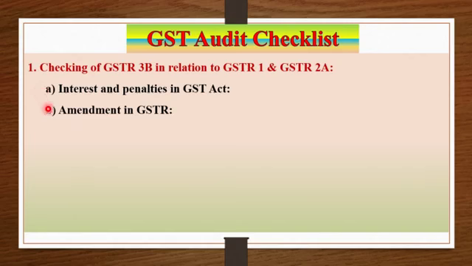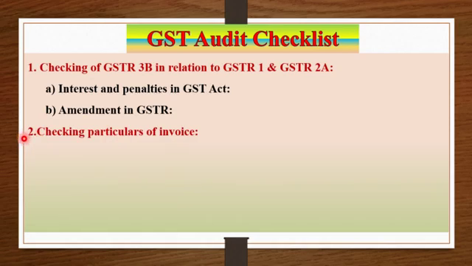Second point is amendment in GSTR. When the auditor comes to know about the data gaps, he would recommend the management to amend the invoices at summary levels in GSTR 1. Now, the second checklist is checking particulars of invoice.